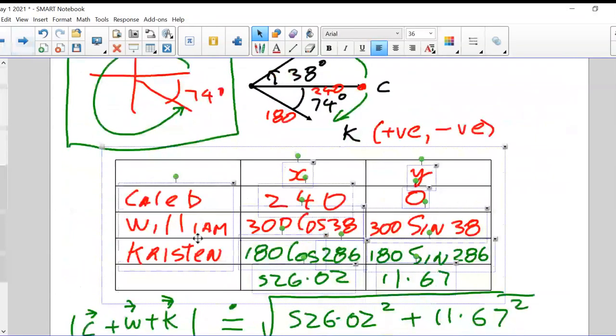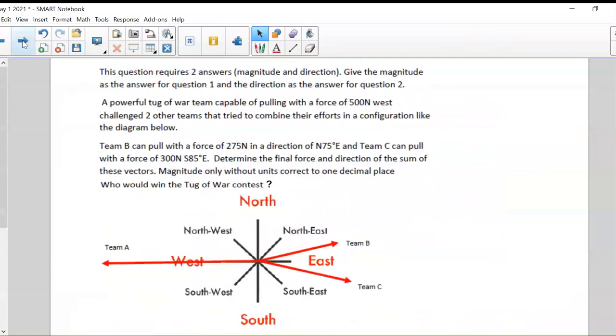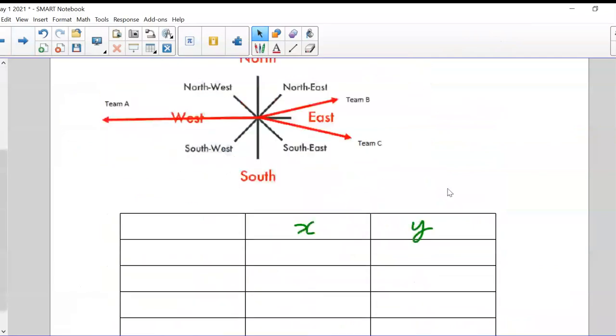Well, we put Caleb and William and Kristen there, but we will use team A, team B, team C this time. So let's say team A. Let's say team B. And let's say team C.